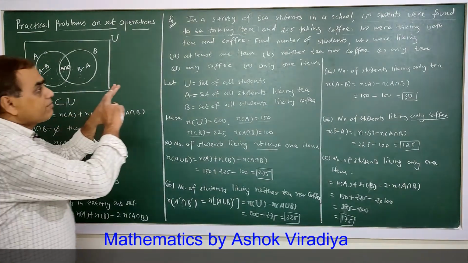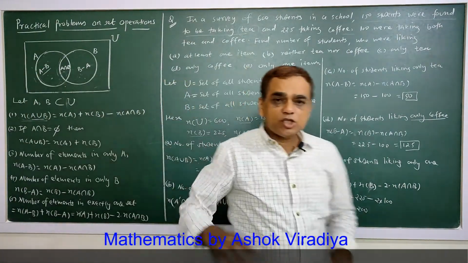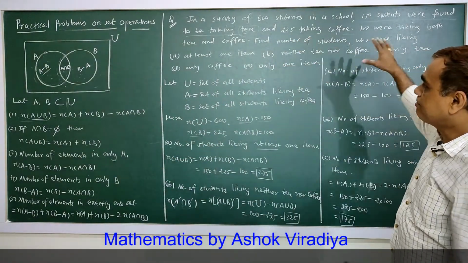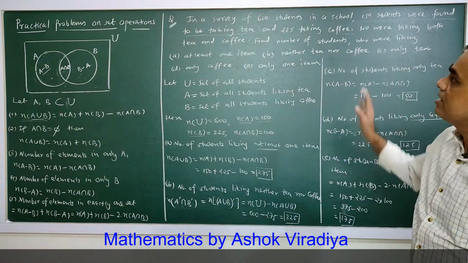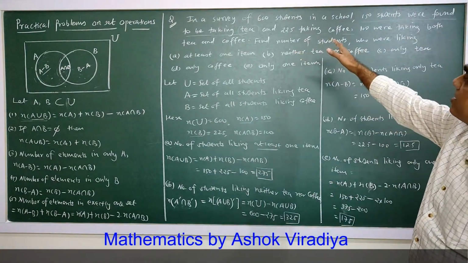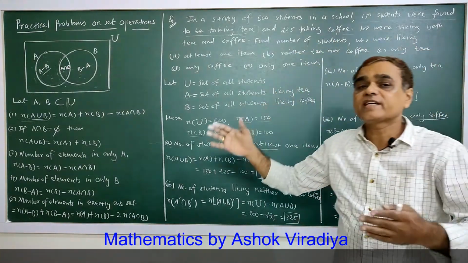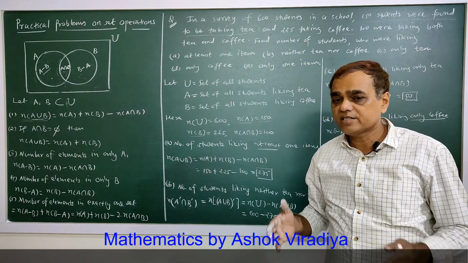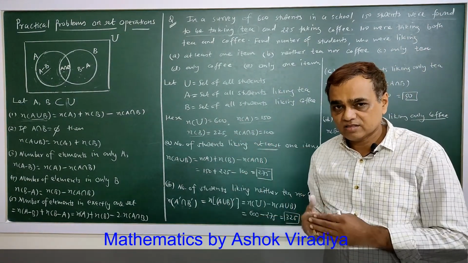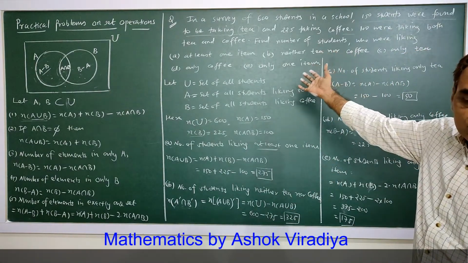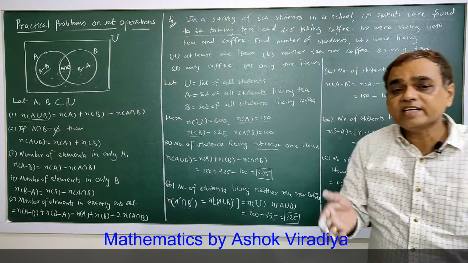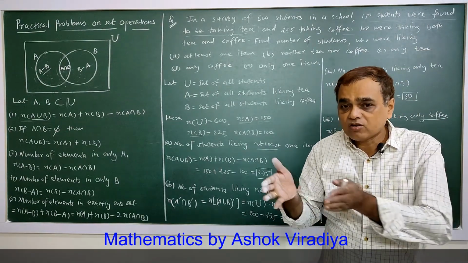In a practical problem, the story can be different but the method and mechanism will be the same. In this question, there are two sets: the set of students liking tea and the set of students liking coffee. Suppose in a hostel some students like idli, some like dosa.